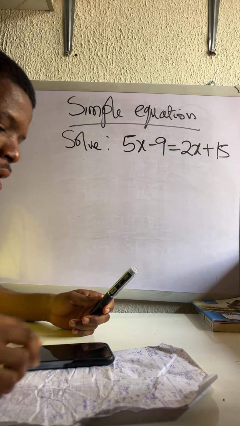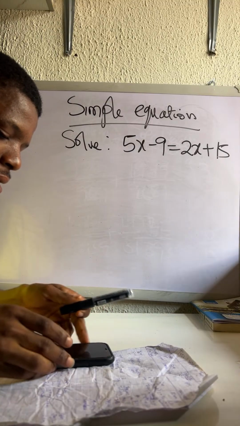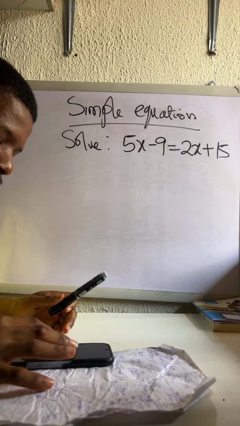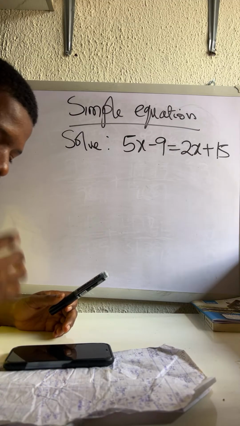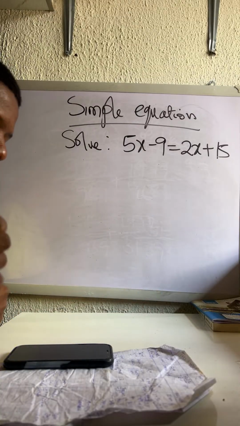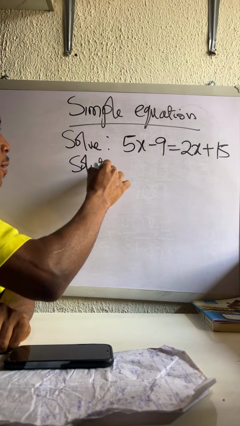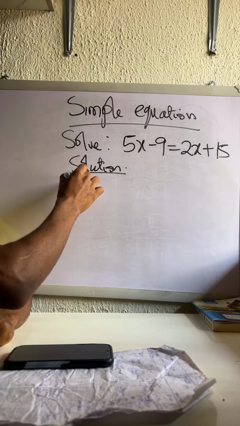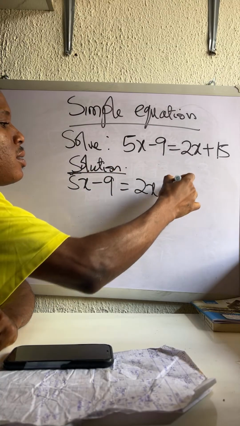For us to solve this type of problem, it is very, very easy. We have 5x minus 9 is equal to 2x plus 15.